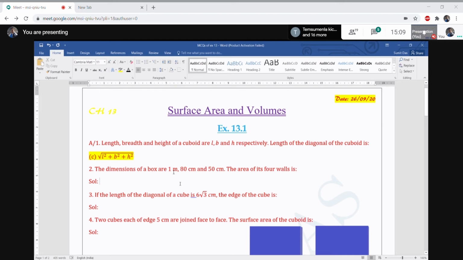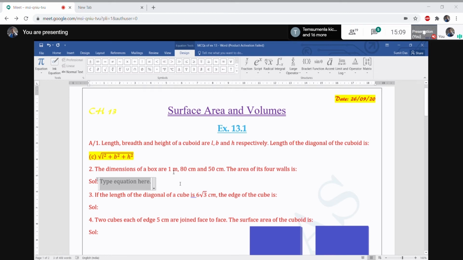The area of the four walls. So L will be 1 meter, breadth will be 80 centimeter, which is equal to 0.8 meter, and H is 50 centimeter, which is equal to 0.5 meter.